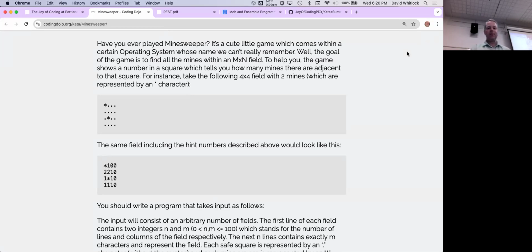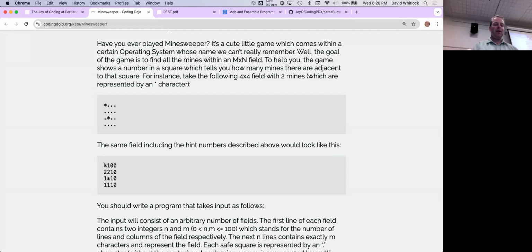You take an input that represents a field with stars and dots, stars being landmines and dots being non-landmines. Then you convert it to another grid that consists of a star, if there is a landmine there, or a number saying how many adjacent cells have a landmine.